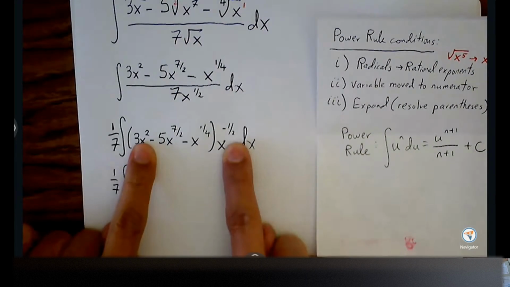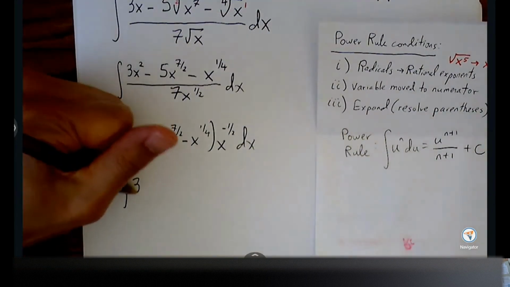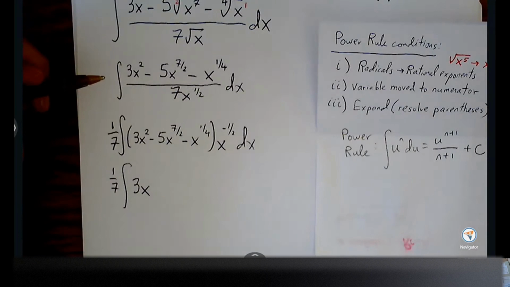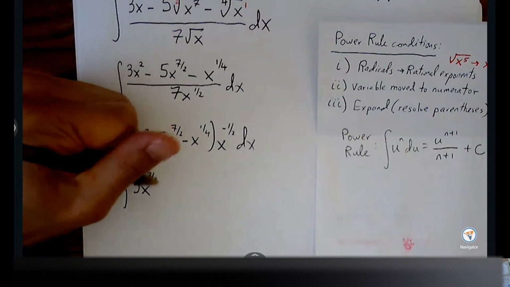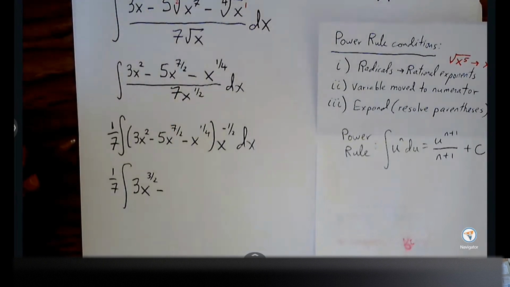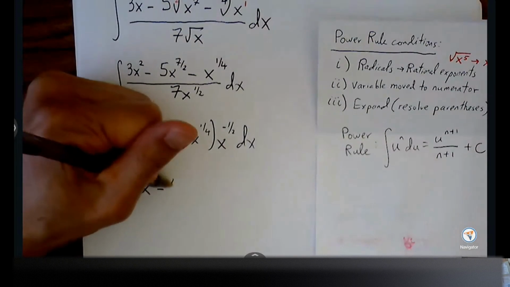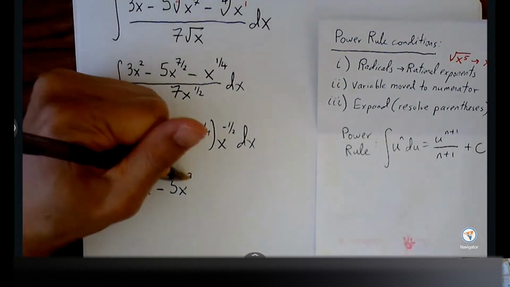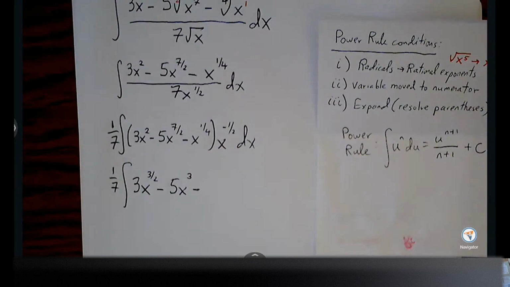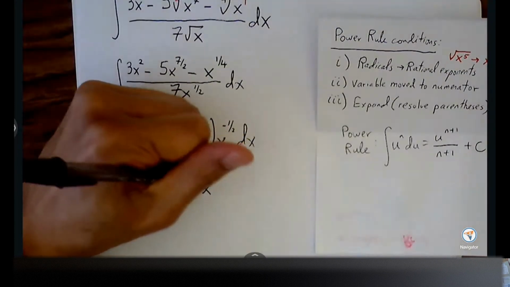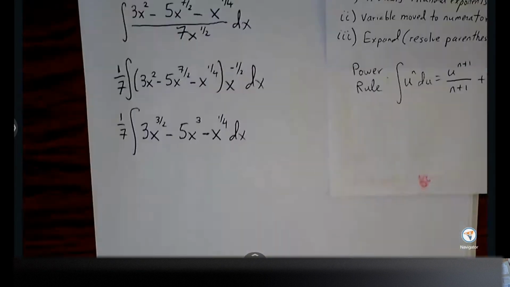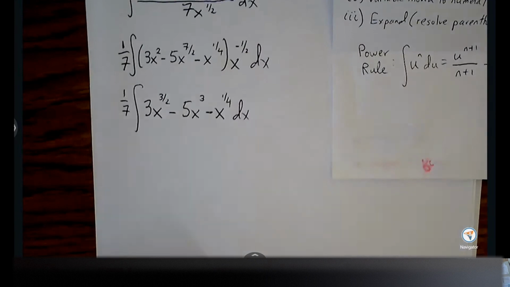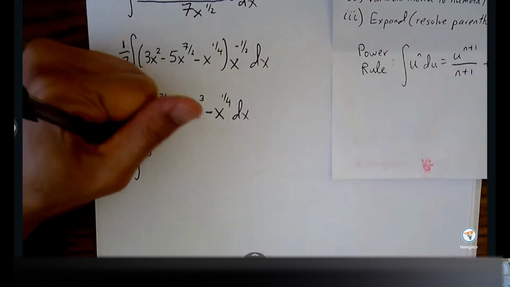So 2 minus 1/2 gives us what? 7/2 minus 1/2. 6/2, which is 3. And then 1/4 minus 1/2. -1/4, yeah. Got to distribute that 7 through as well, so make it 3/7.